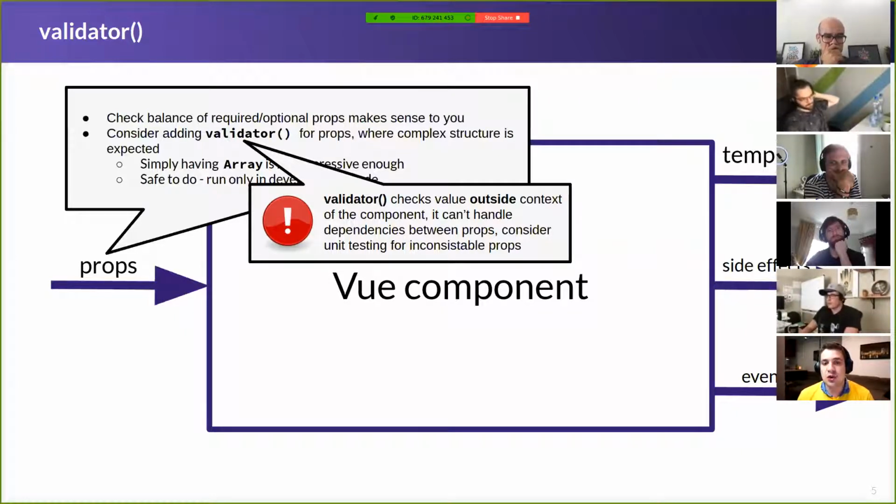But the problem is that our validator checks the value provided to the prop outside the context of the component. So it can't handle, for example, the simplest example: we have a drop-down, so we are passing the items to the drop-down and obviously the value of the drop-down, and the value obviously should be one of the items provided. These things cannot be expressed with a validator because a validator does not have access to the other props, to the context, and so on.